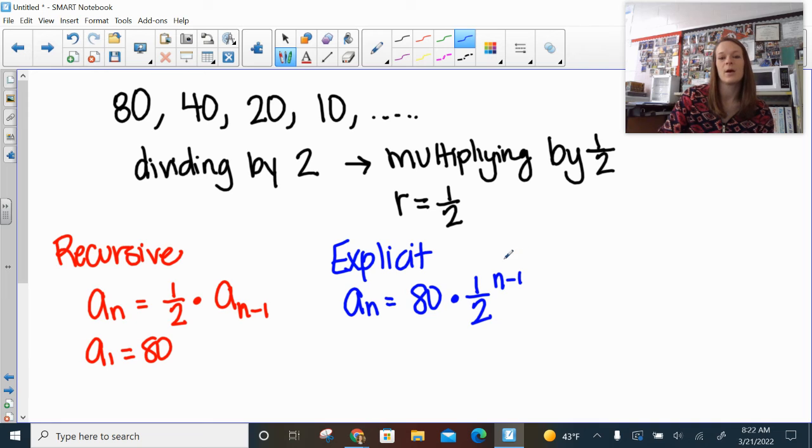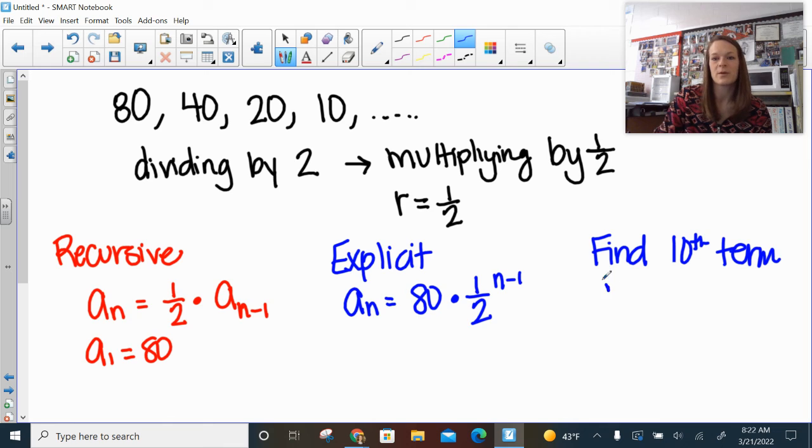Okay. And so if I wanted to find, let's find the 10th term. So that means I'm going to plug in 10 for n. 80 times 1/2 to the 10 minus 1.